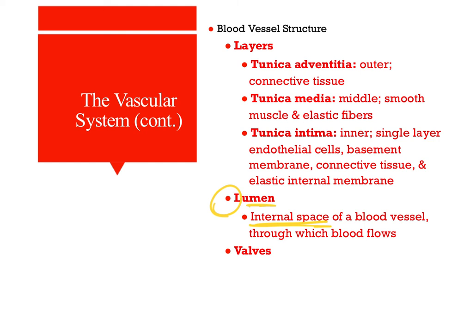And I'm saying it this way because there's another part of phlebotomy that we're going to learn in the next couple weeks, and it also has a lumen, but it is not part of the body. So just remember, lumen means internal space, and in this instance, it's saying our blood vessel has a lumen, okay?